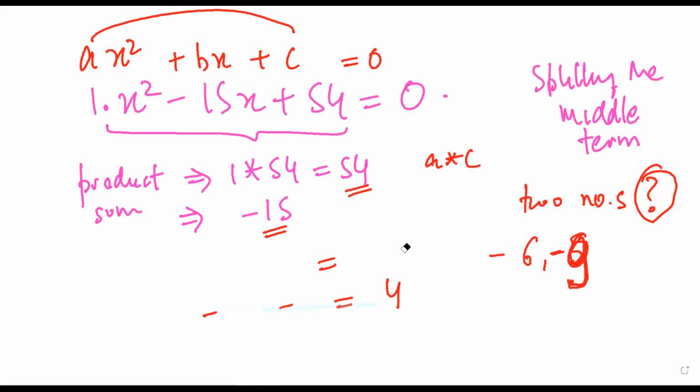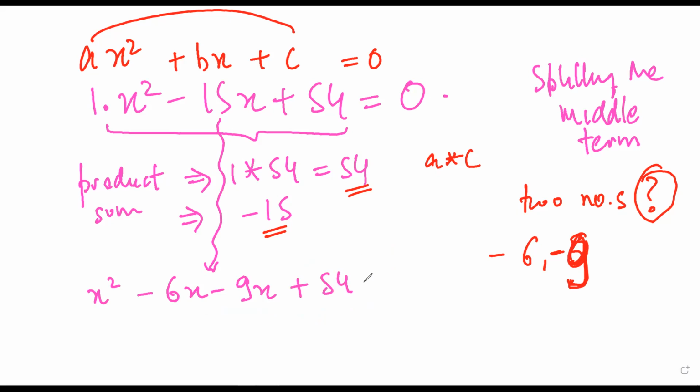So I can write this middle term as x square minus 6x minus 9x plus 54 is equal to 0. Mr. Sarthak, any doubt? No. Now I need to find the common factor from here.